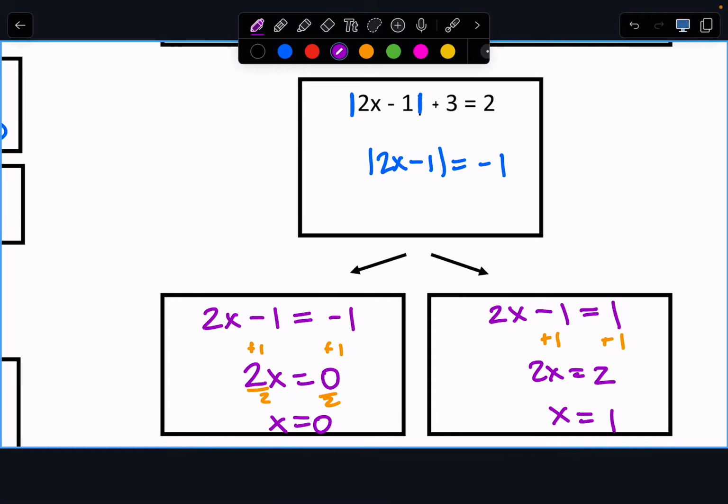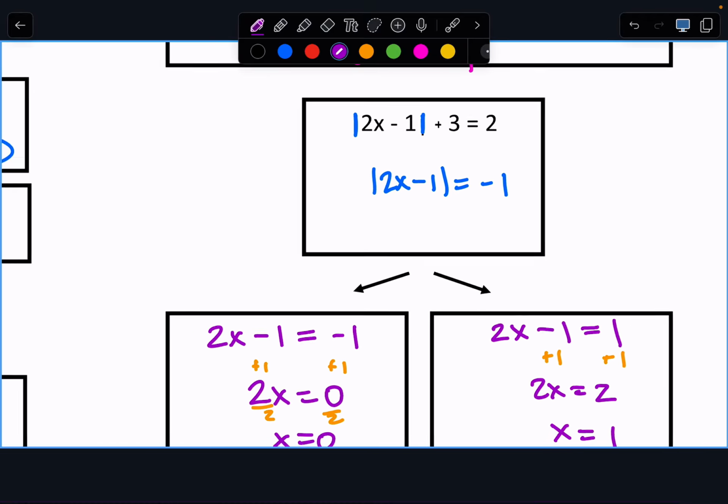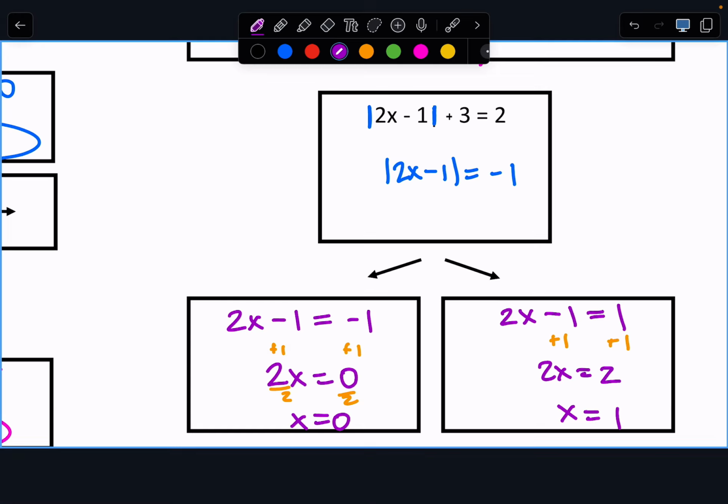Okay, now, don't get too ahead of yourself. Let's check our work. The absolute value of 2 times 0 minus 1 plus 3, does that equal 2? All right, so what's 2 times 0 minus 1? Negative 1. Okay, and the absolute value of negative 1? That's not right. Okay, so this answer is extraneous.